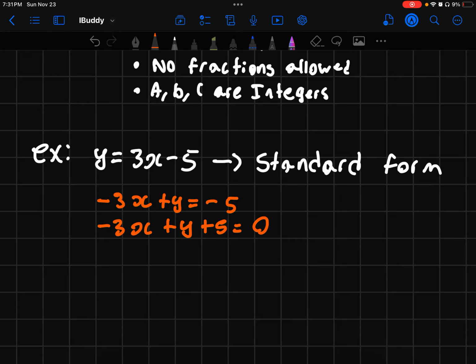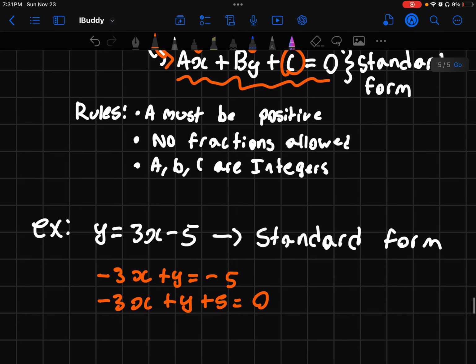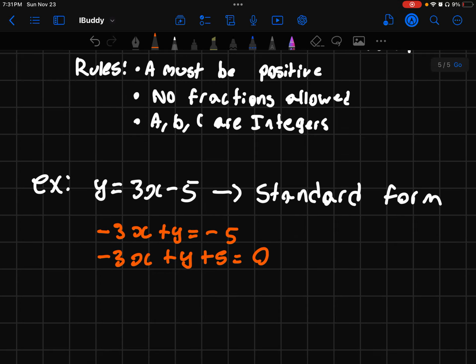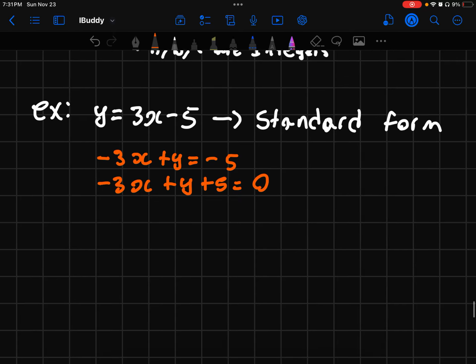Okay, but now if we refer back to our rules, we know that a must be positive, but in this situation, a is negative. So to fix this, we are going to multiply the whole equation by negative 1. We'll rewrite the equation, negative 3x plus y plus 5 is equal to 0, and we'll multiply it by negative 1.